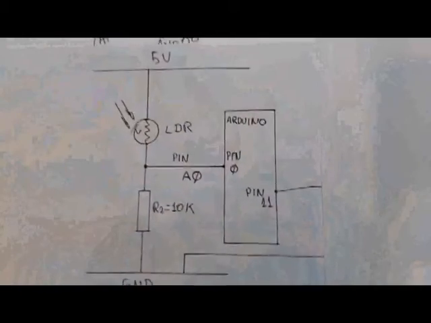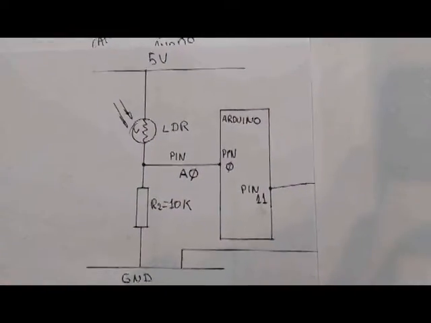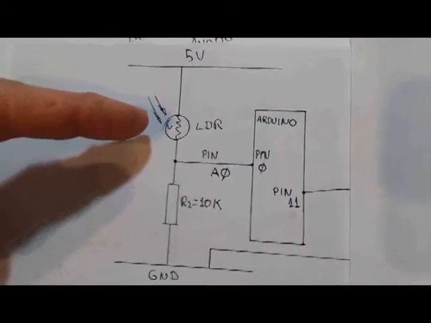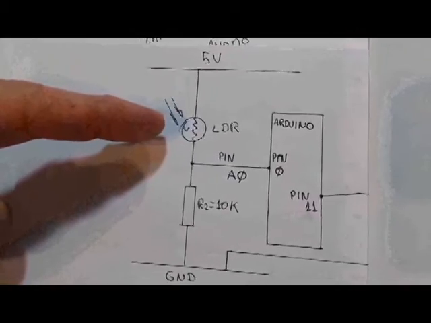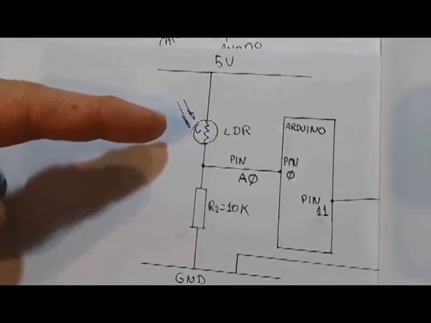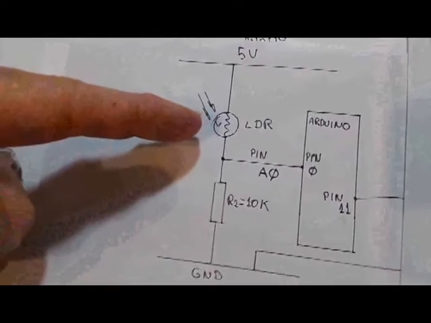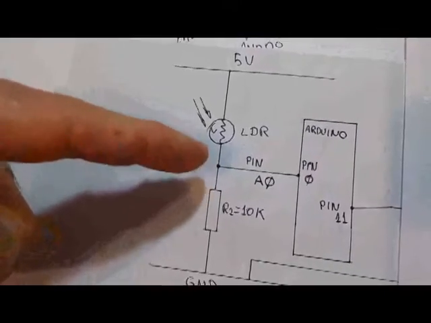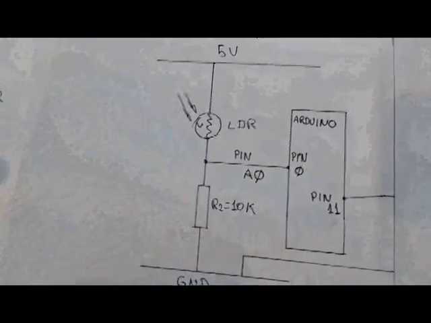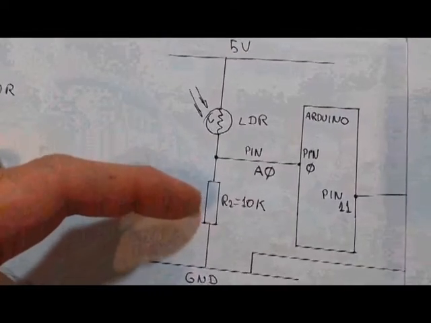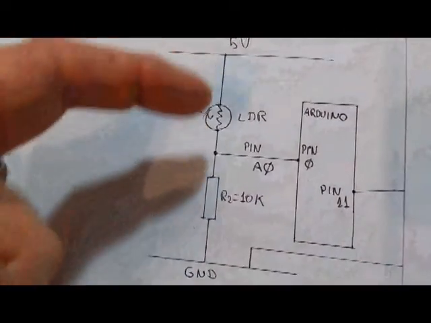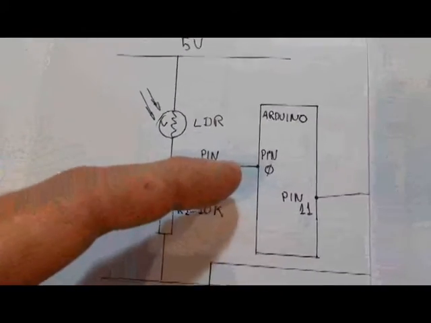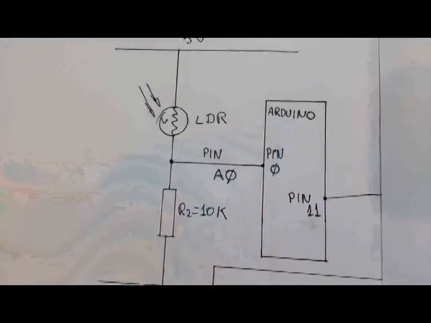Starting from the left hand side, we have the two different resistors. This is the light dependent resistance. The higher the light, the lower the resistance, and the higher the resistance, the closer the signal is to 0 volts. Okay, so this is the 10K resistor, and this is the pin, the analog pin 0 from our Arduino board.